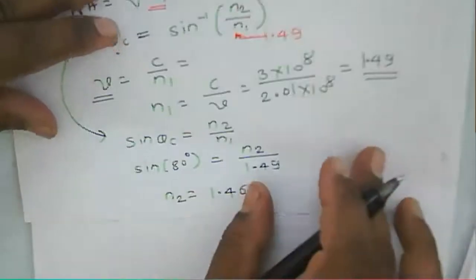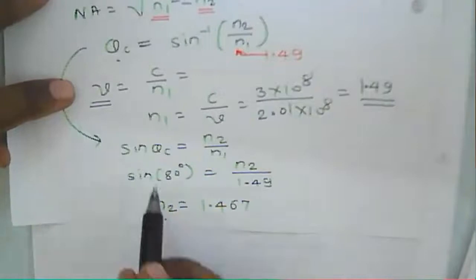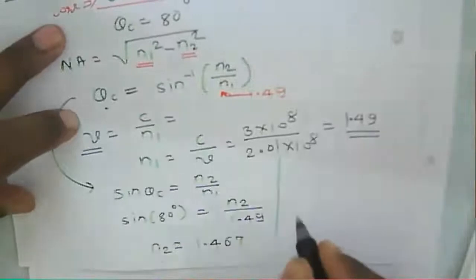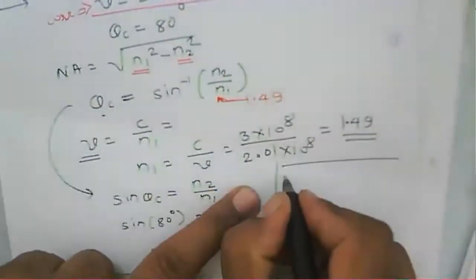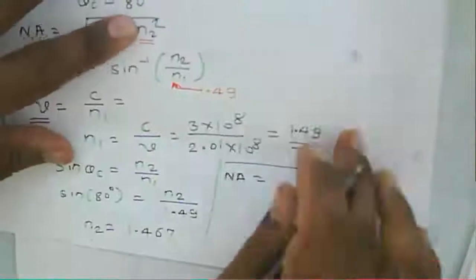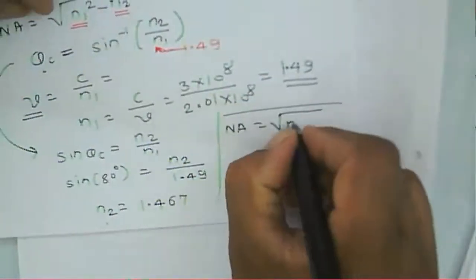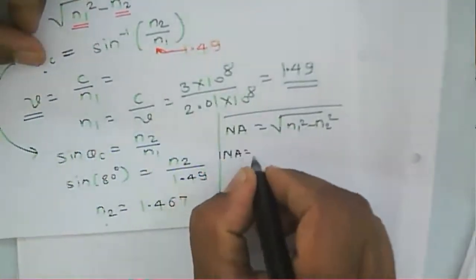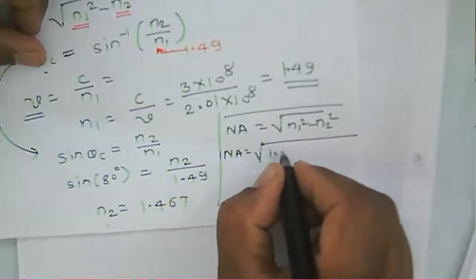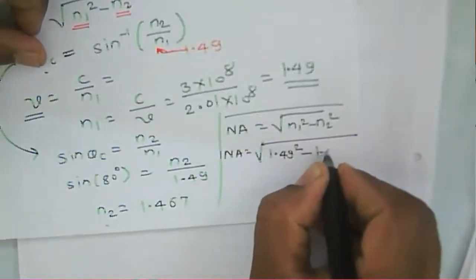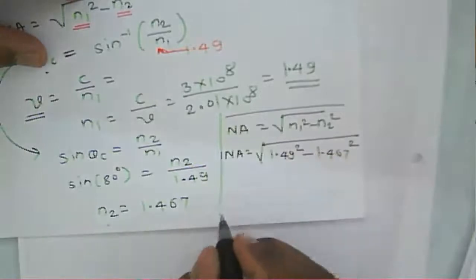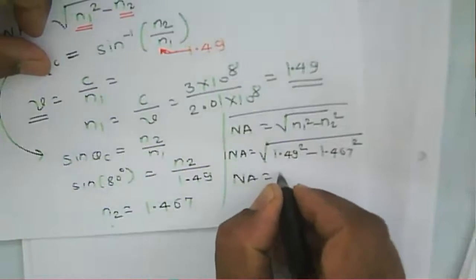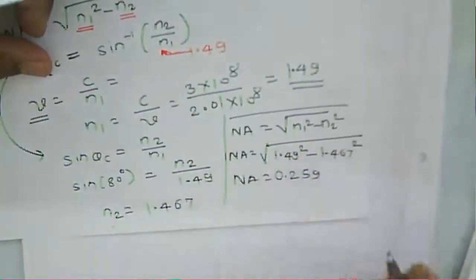Now from these n1 and n2, if we put all the values, the numerical aperture NA is equal to the square root of n1 squared minus n2 squared. So NA is equal to the square root of 1.49 squared minus 1.467 squared, and you will get the numerical aperture NA equal to 0.259.